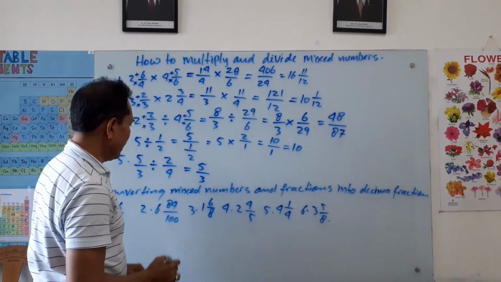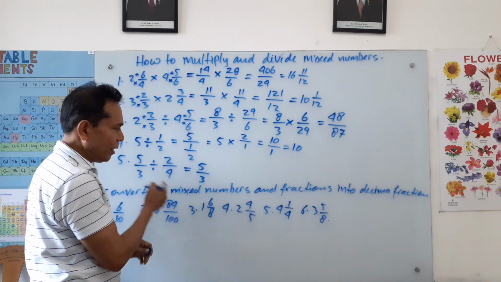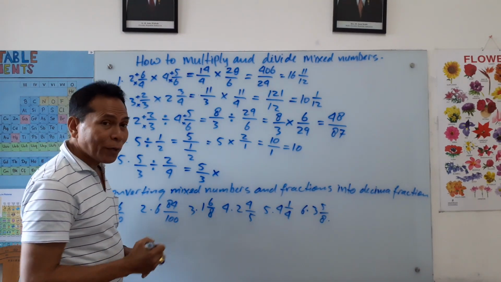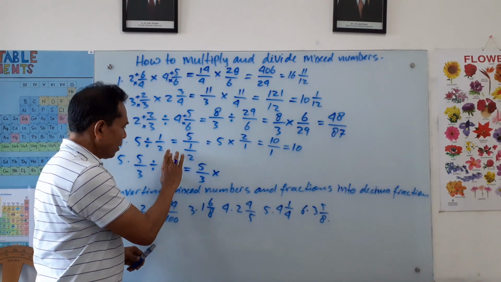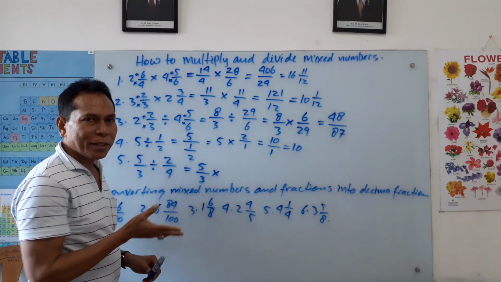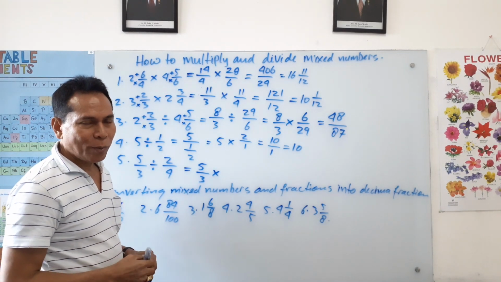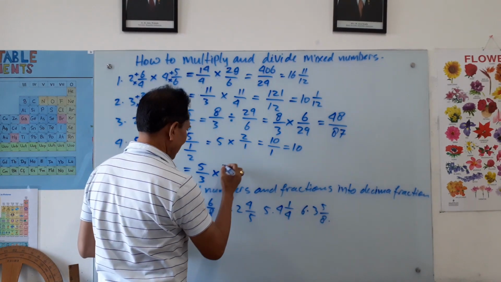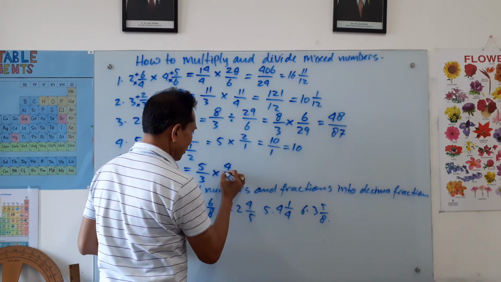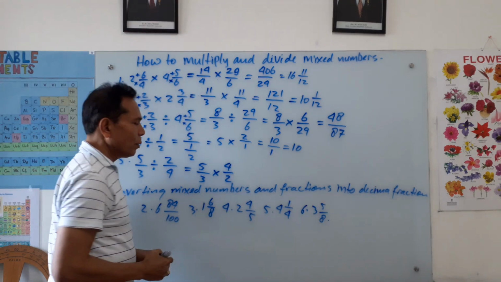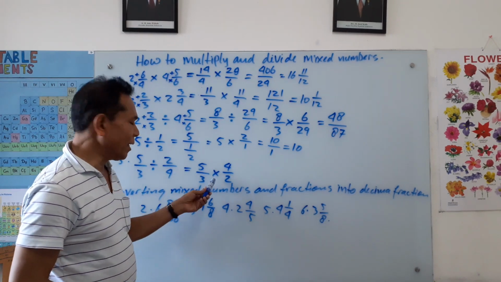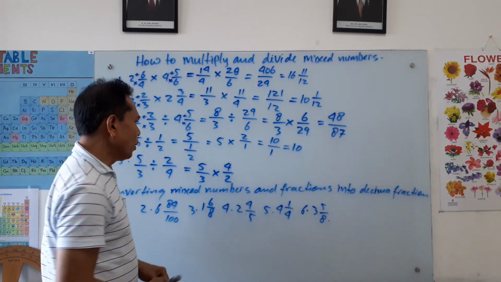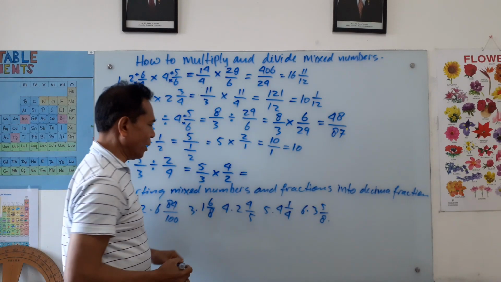And this division sign, we change it to multiplication sign. And don't forget, children, this fraction, you change numerator to become denominator, and denominator becomes numerator. So times 4 over 2. Remember, every time you change the sign like this, you change the numerator and denominator. With this, you can just go straight away to multiply.